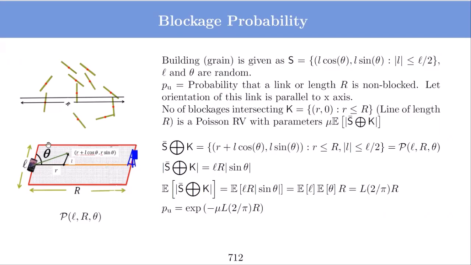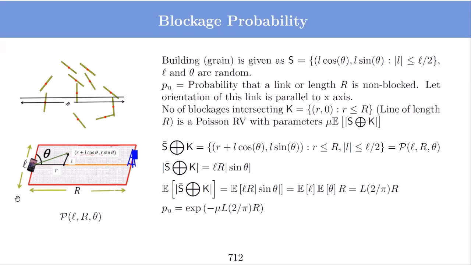This is set K, of length R, and this is your S. If you take S bar, you get a mirror image of that. If I compute the Minkowski sum of these two, what I get is a parallelogram.